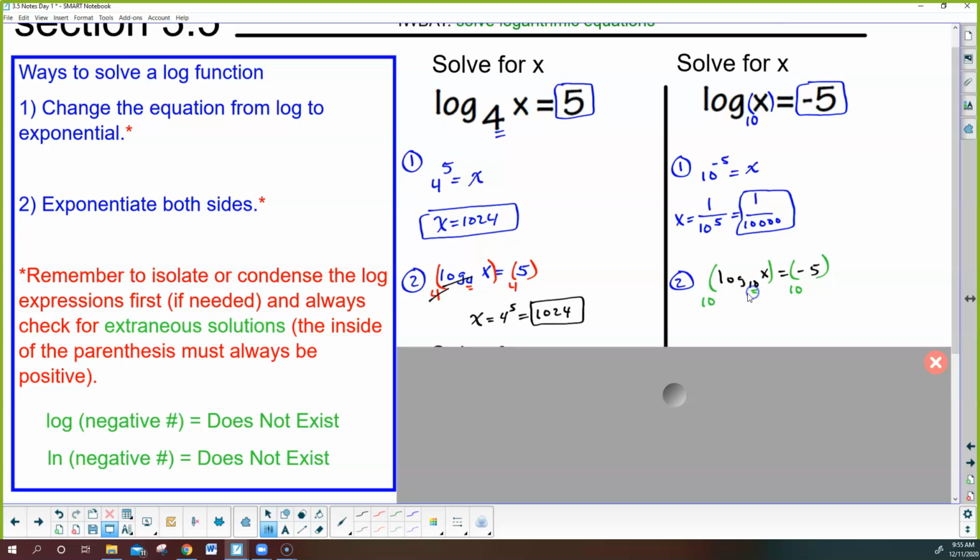So whatever the base was, it's 10 to the power of that. Then we know from the warm-up that the 10 and the log base 10 go away, and I'm left with the exact same answer. You will not have to show both ways. You only really have to show the way that you prefer.